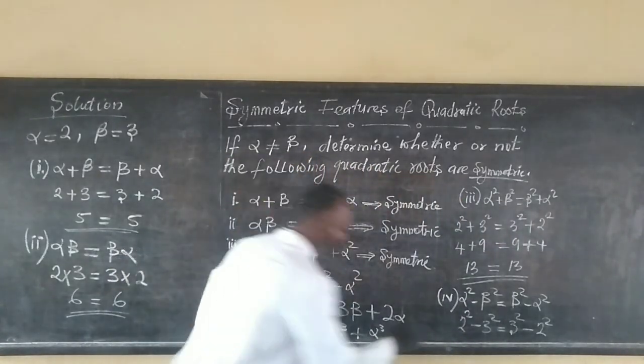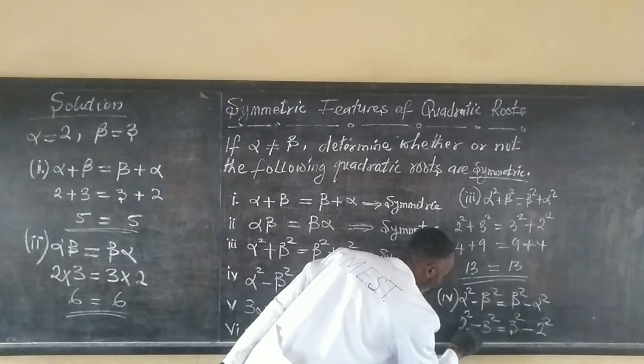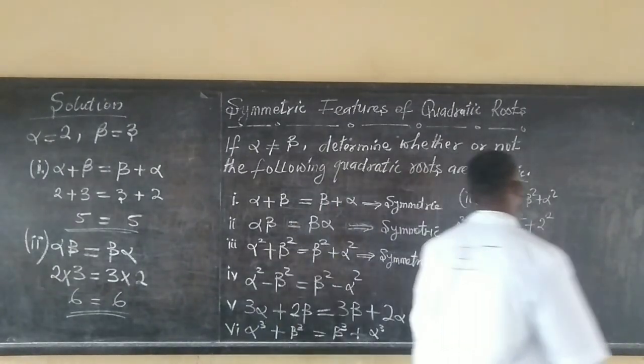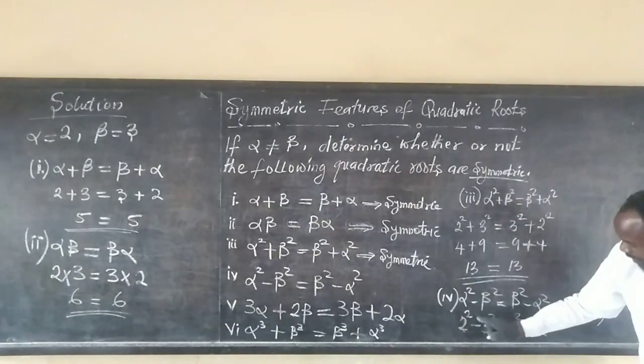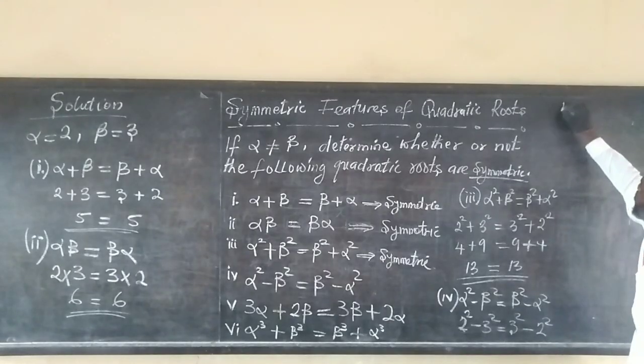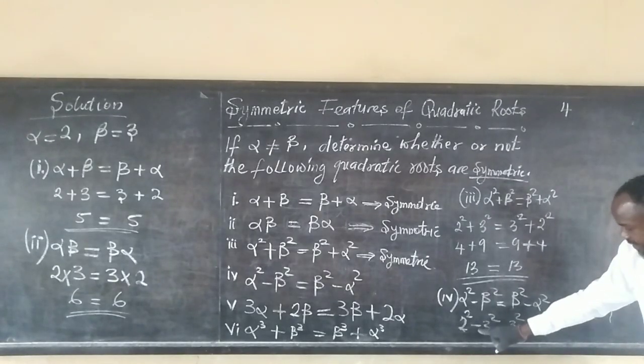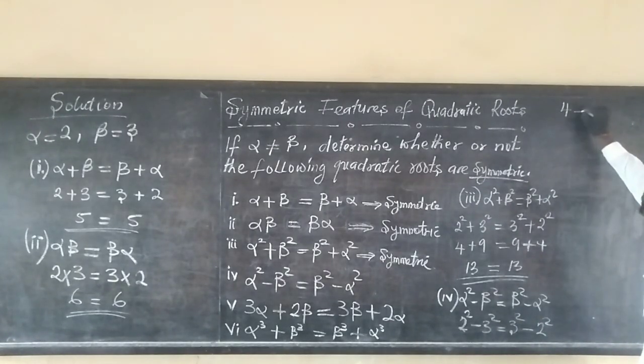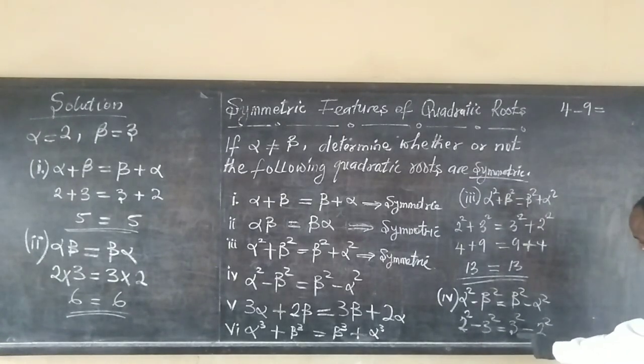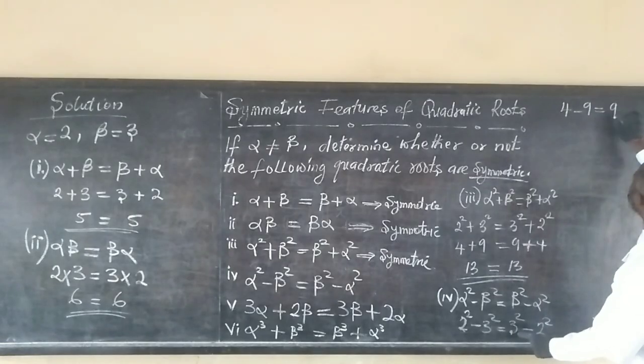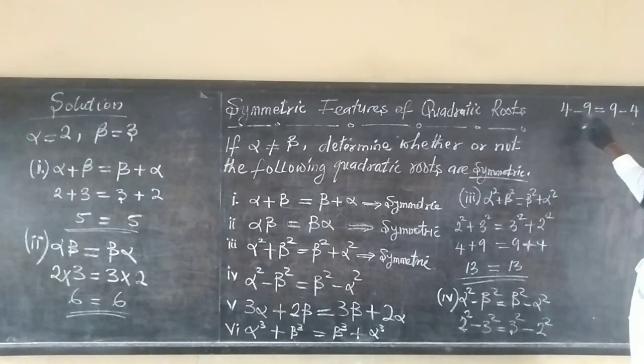We are at this point. 2 squared is 4. We have 4 minus 3 squared, which is 9, equal to, just watch this, very important at this point, 9 again minus 4. 4 minus 9 is minus 5.